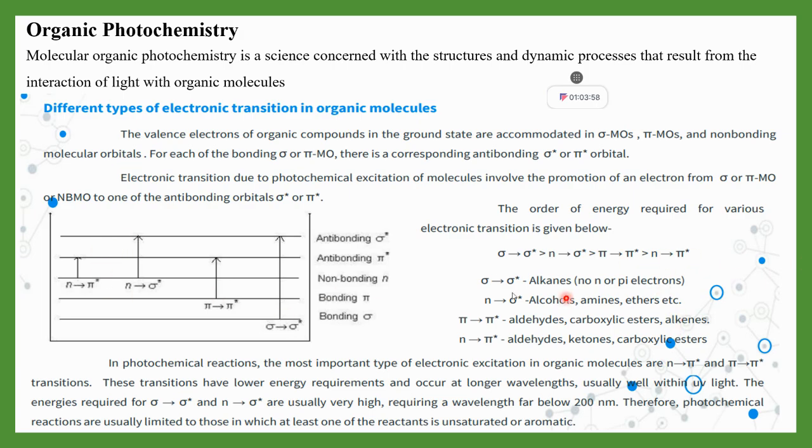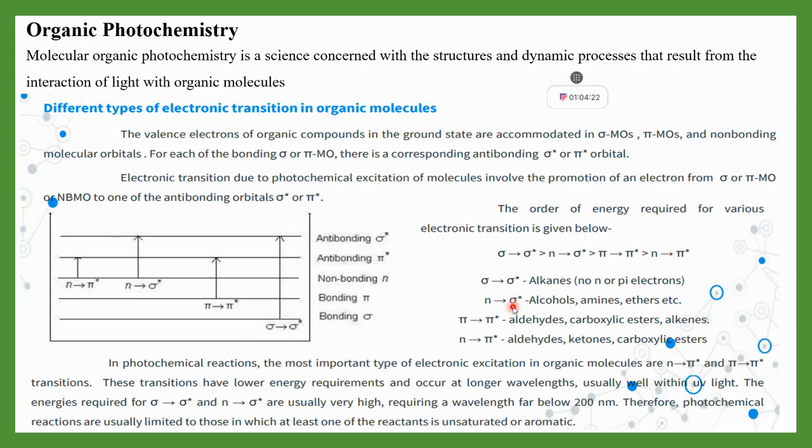Okay. So sigma to sigma star transition can be seen in your alkanes, because alkanes have nothing but CH or CC sigma bonds. Yes or no? They don't have lone pairs, they don't have pi bonds. Alcohols, amines, ethers have heteroatoms having lone pairs. So n to sigma star.